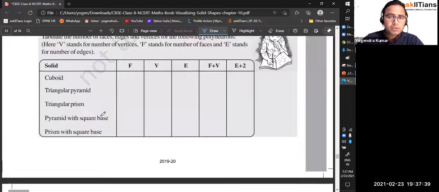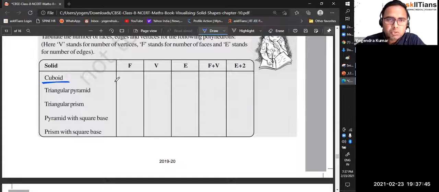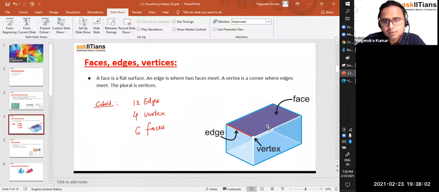Now can we do this activity? I think this is really important. A cuboid shape is there. How many faces will be there, right? Can I make a rough cuboid shape here? You should do this. This is very, very important to understand. This is the cuboid shape.